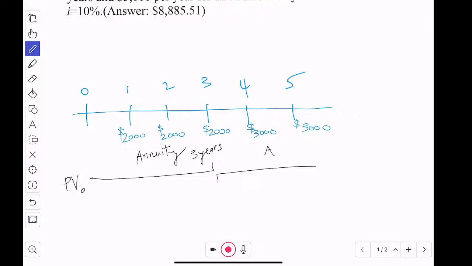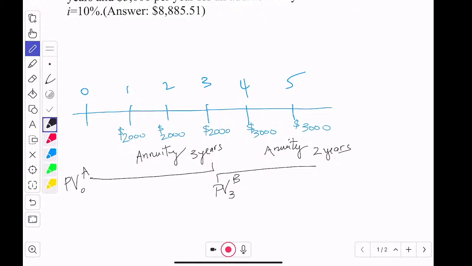That's an annuity for 2 years. They're both at the same 10% rate. So this one will be PV3. So I'll call this part A and I'll call this part B, right? And then there are 2 more steps. I would have to discount this one back to time 0 and then sum the 2.